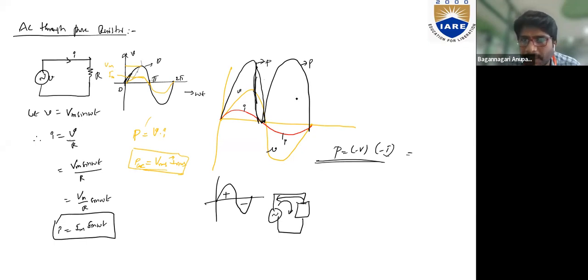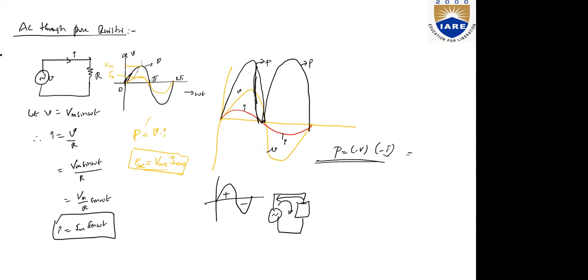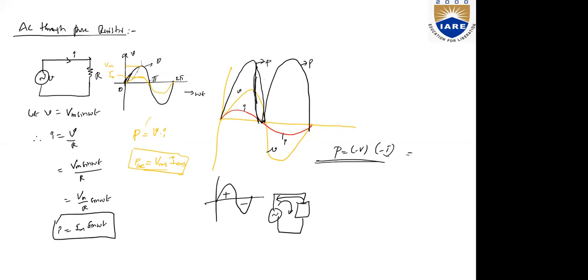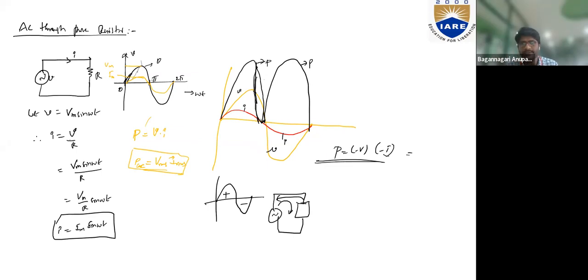But what is happening to the power? Power is flowing in the positive direction all the time. The power is always going from source to load. That's what it means, right? Even in the negative cycle, what does it indicate? Power is flowing continually in only one direction and is dissipated. And if you want to calculate the average value, definitely the average value will lie between this minimum and maximum, so the value of power will remain positive.